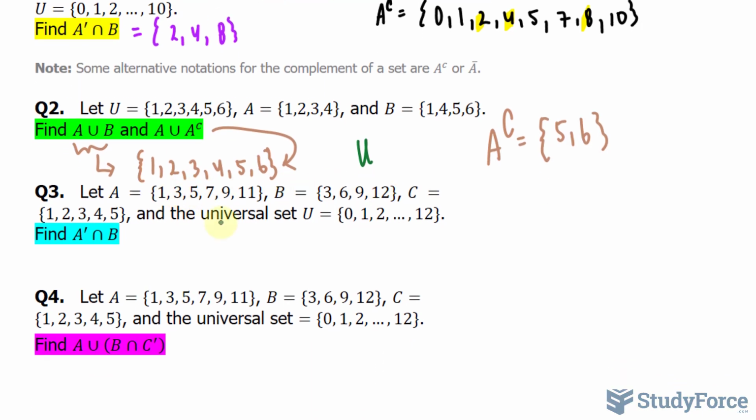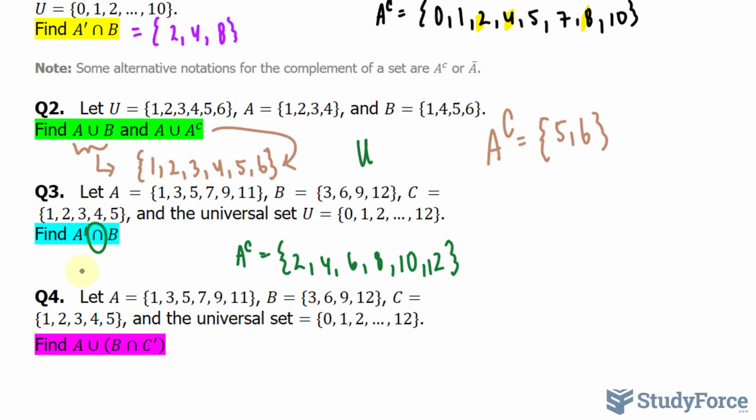This time we have 3 sets within the universal set that goes from 0 to 12, and we need to find the complement of A, which intersects with B. So the complement of A is everything that is not found in A that is found in the universal set. So what's not found in A, writing this out in roster notation, 2, 4, 6, 8, 10, and 12, all the even numbers.